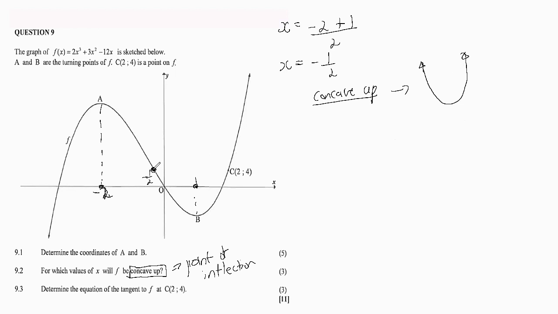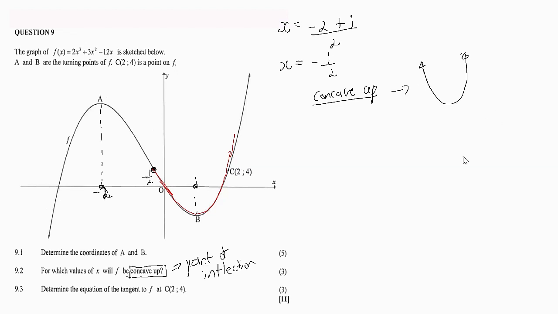We can clearly see that it's after the point of inflection. Remember, at the point of inflection, the graph is neither concave up nor concave down. It's the point where it starts to change concavity, from being concave down to being concave up.